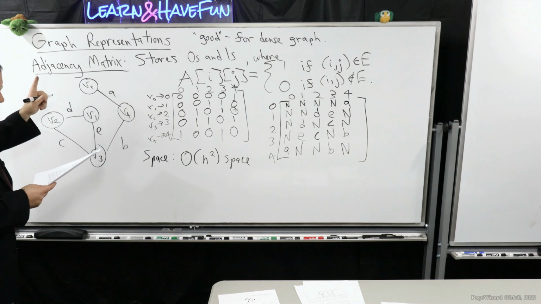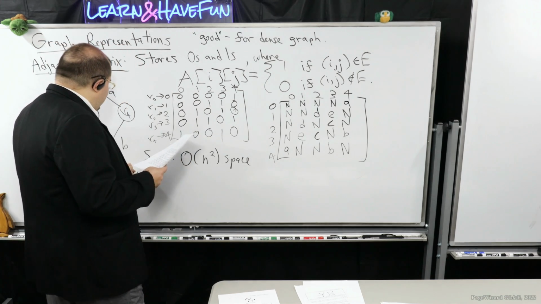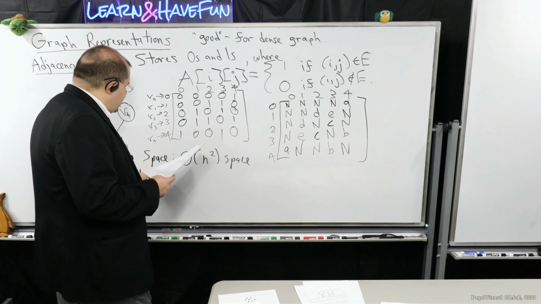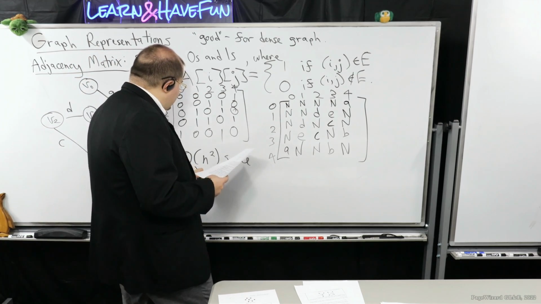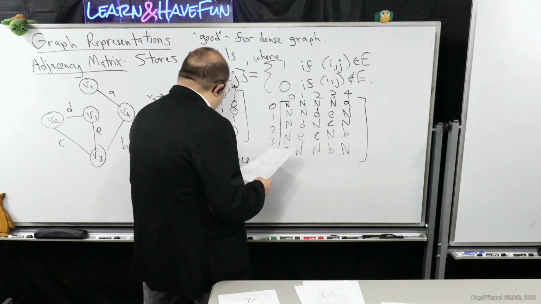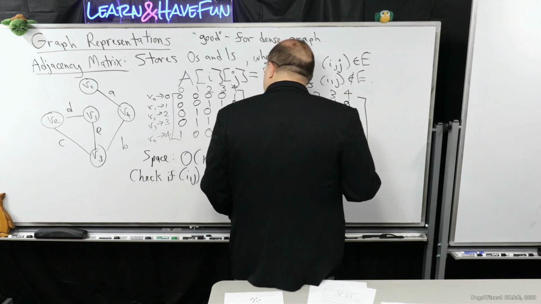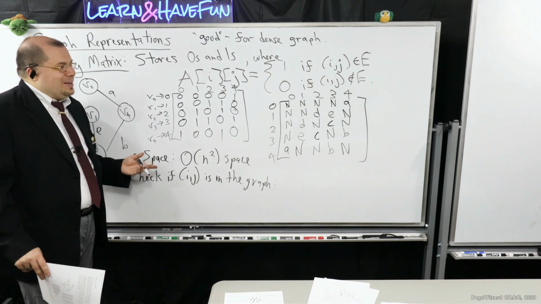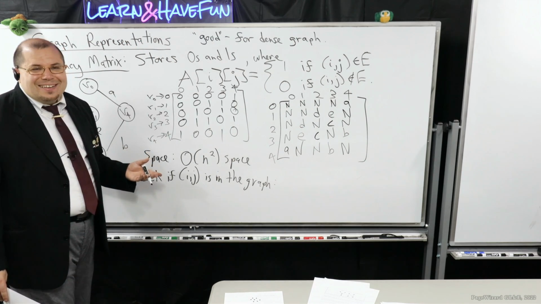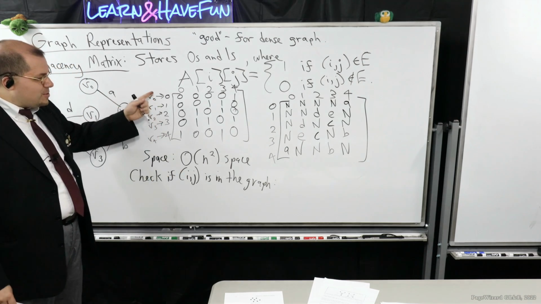The big perk of the adjacency matrix is that if you ever want to check if an edge ij is in the graph, how do you do that? What do you do? You just simply index into the two respective spots, right?